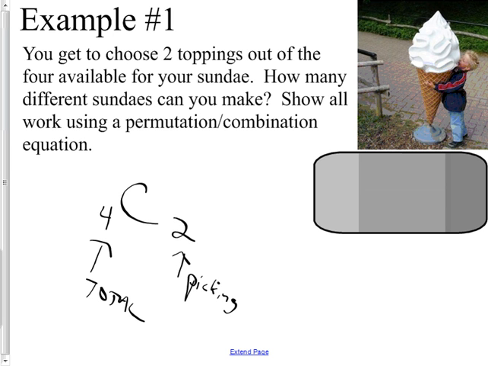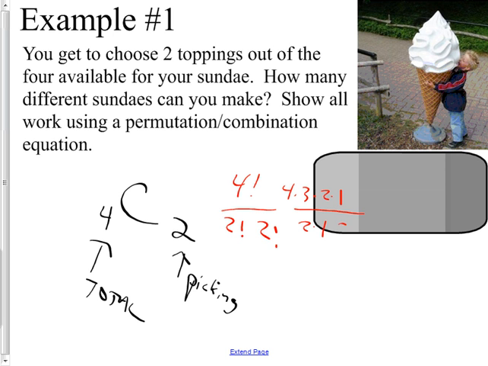For C2. And then your calculator can do it, but I bet you seriously you could do this one faster in your head if you know the formula. Watch. 4 factorial over 4 minus 2 is 2 factorial, and an extra one of these on the C formula. And so then really what does this mean? I wouldn't have to do this in real life, I'm just explaining it to you.